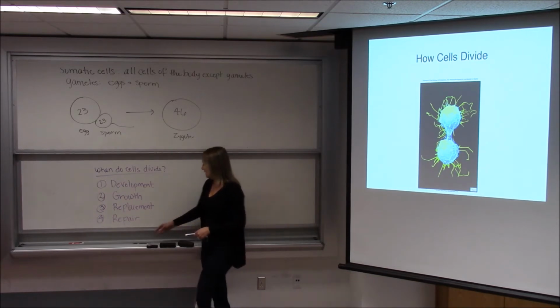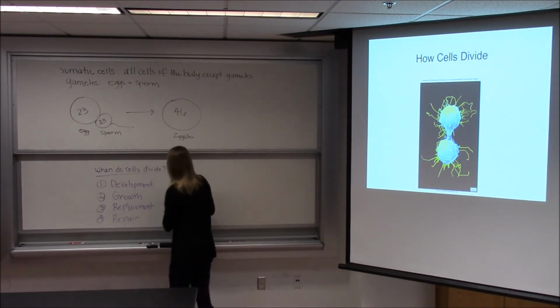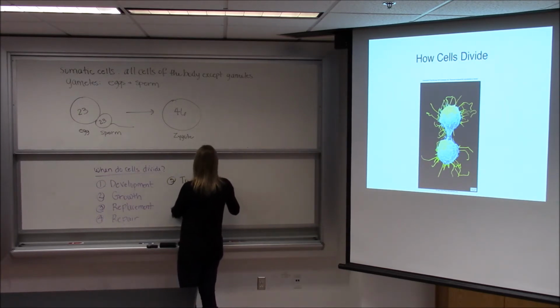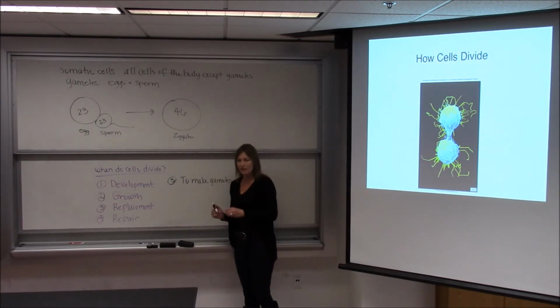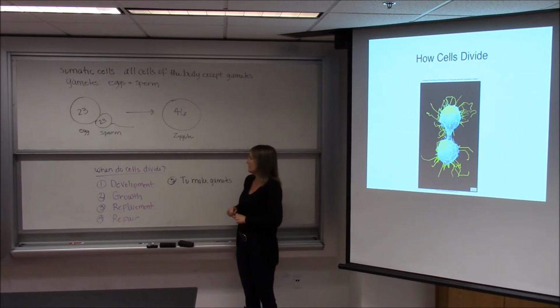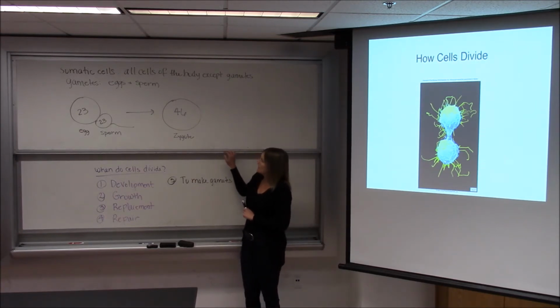And then finally, I'll put this in a different color because this is going to be a different type of cell division to make gametes. We're going to divide cells to make our eggs and sperm, and that's going to be kind of a different type of cell division. Division of the somatic cells is called mitosis.